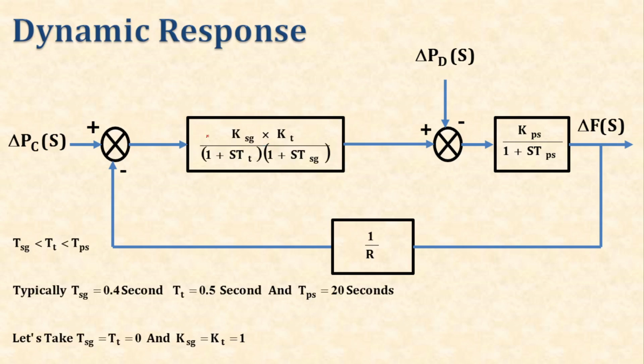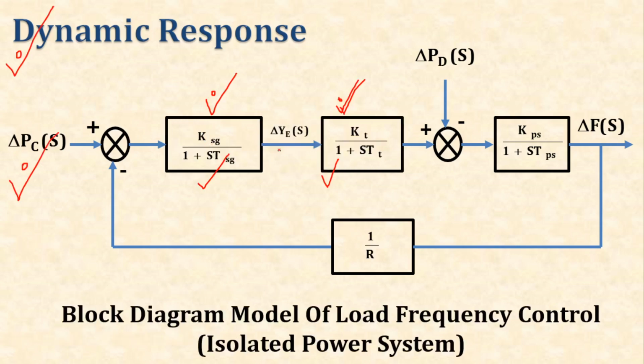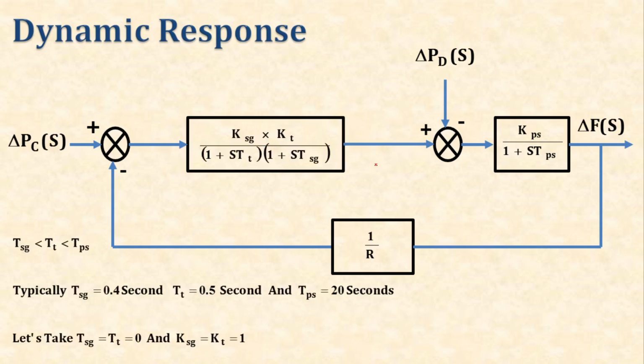In the numerator will be the multiplication of KSG and KT. The denominator is the multiplication of (1 plus S TSG) into (1 plus S TT). Now TT is the turbine time constant, TSG is the speed governing time constant, and TPS is the power system time constant. This is the relationship among these three time constants.